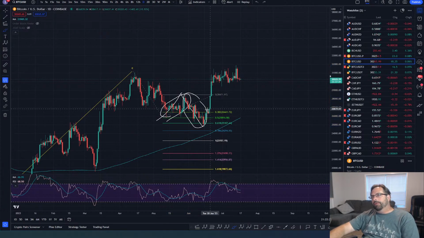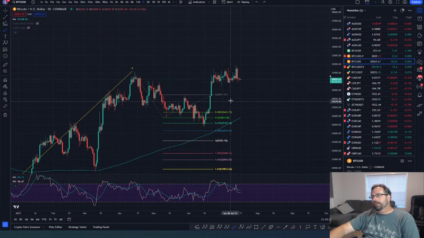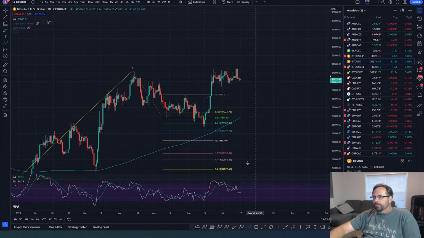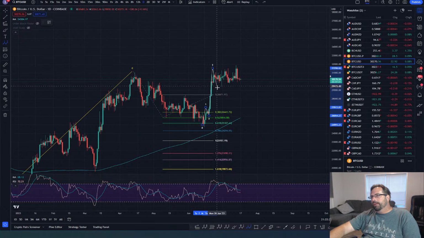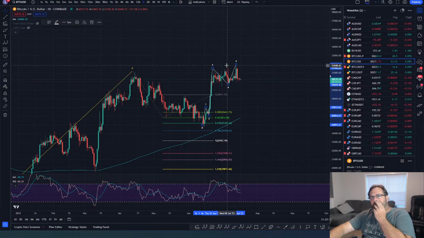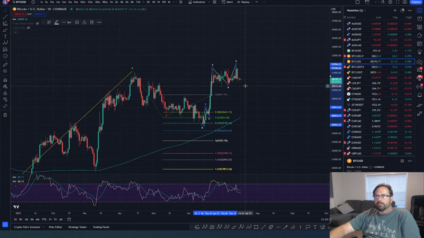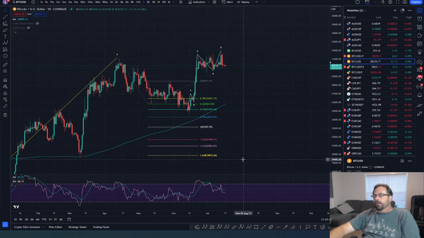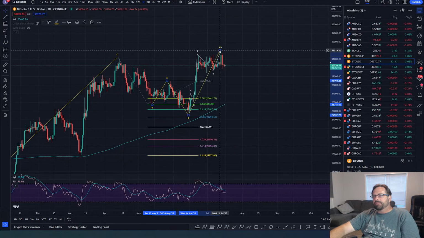Now the way we count this last wave, okay, is you got a 1, 2 right in there. We got 3, we got a trashy 4, and then a 5 wave move. So I would look at that as an A, B, and a C.